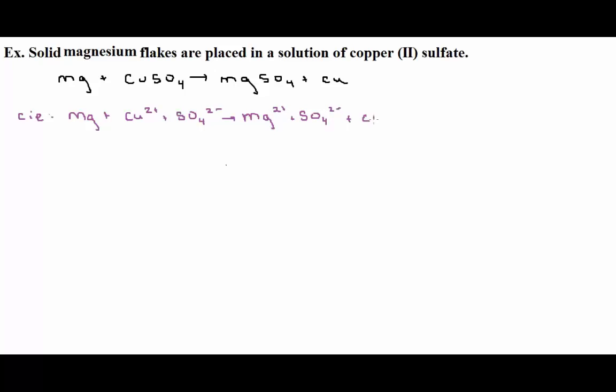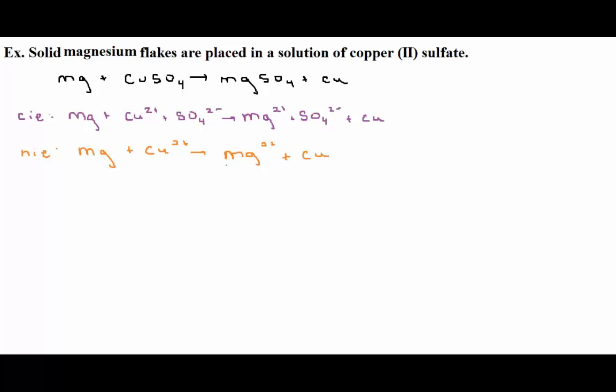And then the other product is going to be copper. So when I write my net ionic equation, what's going to be left is magnesium plus copper, and that's going to produce magnesium ions and copper atom.